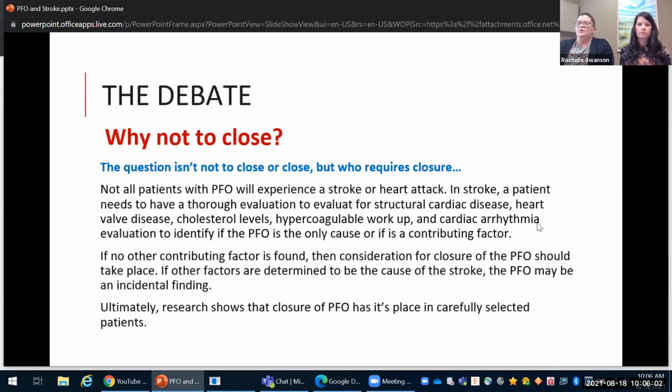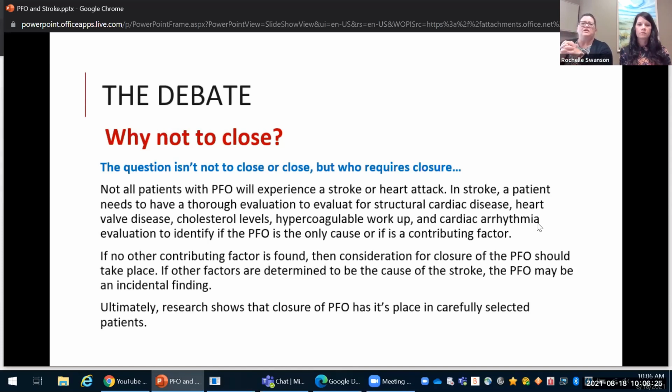And to summarize the studies that I looked at, not all patients with a PFO will experience a stroke or a heart attack. In stroke, a patient needs to have a thorough evaluation for structural cardiac disease, heart valve disease, cholesterol levels, hypercoagulable workup, and cardiac arrhythmia, to identify if the PFO is the only cause or if it's a contributing factor.